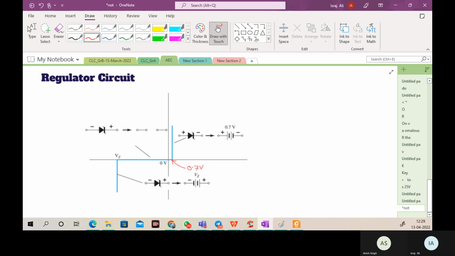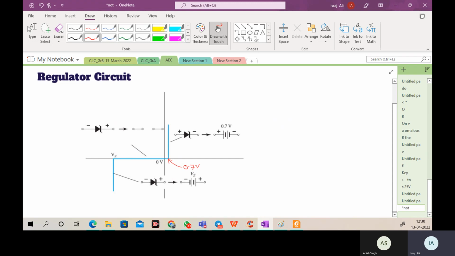it will behave in a similar way. Now look at the reverse bias condition for the Zener diode. Now we have a Zener voltage over here, VZ. This is created because of the heavily doped condition of the Zener diode.